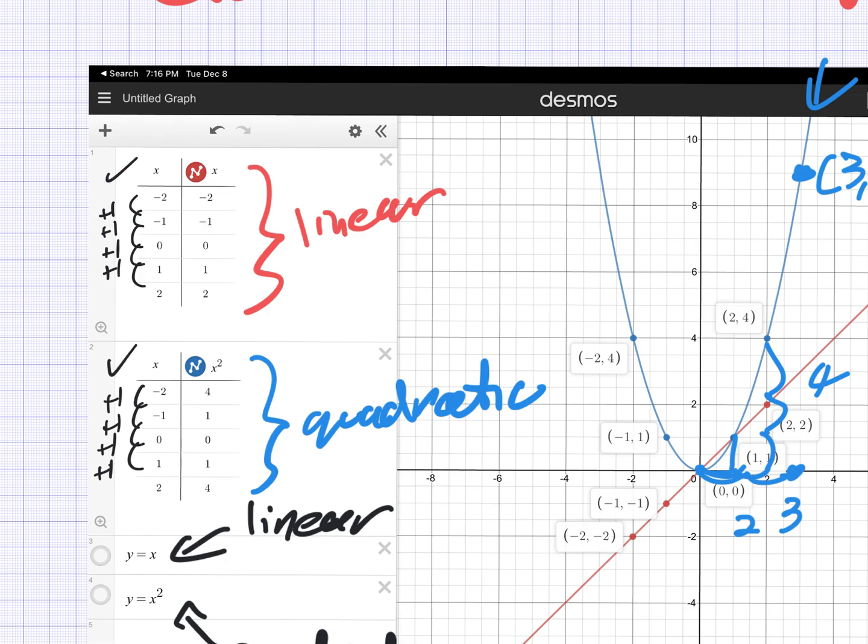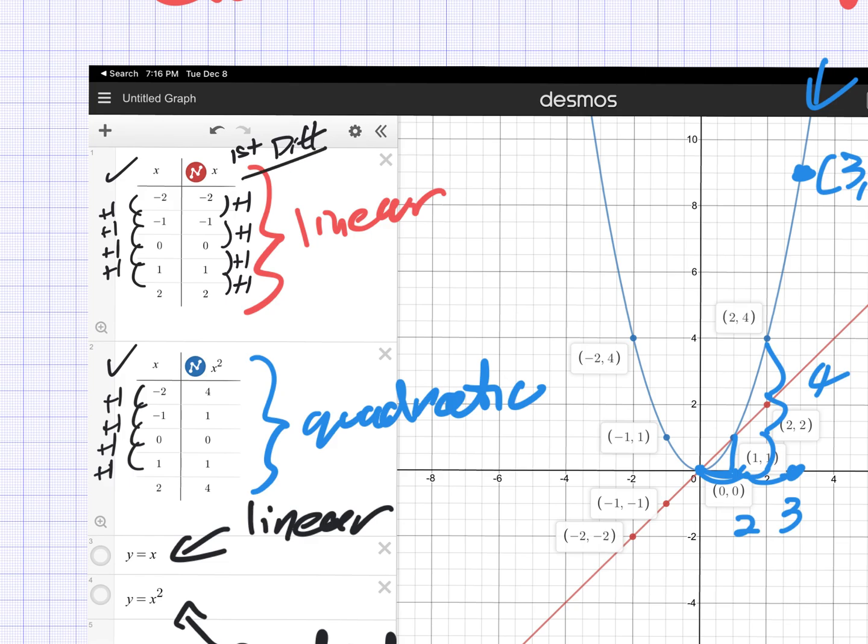So what are the y values going up by, okay? In this case, you'll notice this one's just going up by the value of 1 every single time, okay? The way I can do that is I can just subtract each value. If we get the same value every single time, this is known as the first difference, okay?